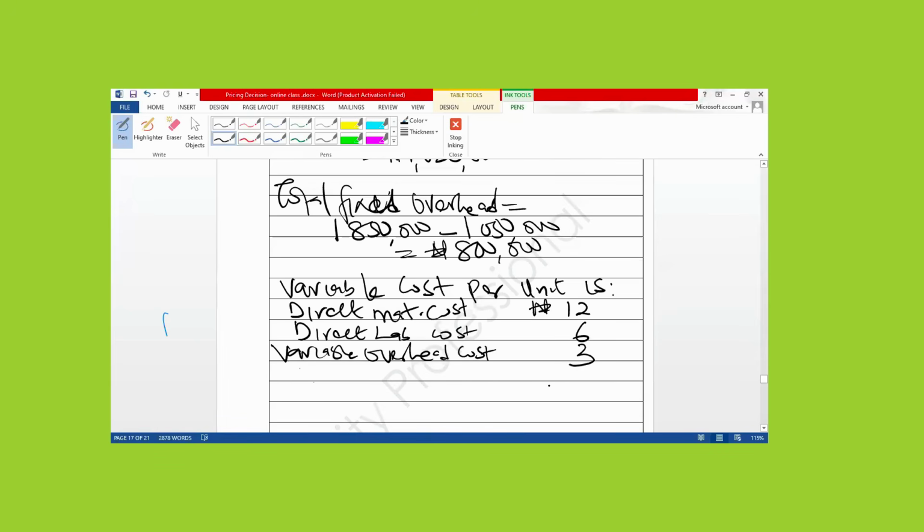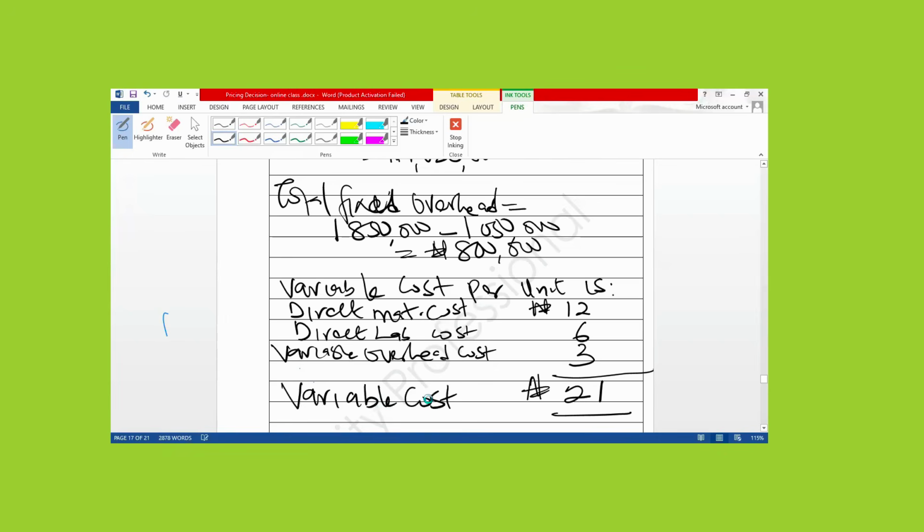Totaling, sum up, 21 naira. This is my variable cost per unit.